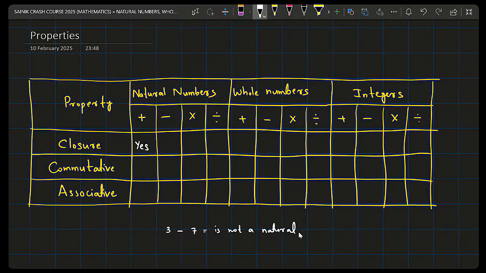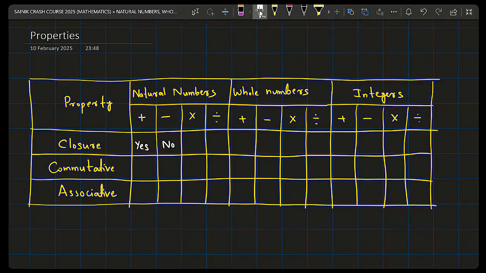Yeah, in integers, we know the answer, it is minus 4, but minus 4 is not a natural number. So no, natural numbers don't satisfy closure property under subtraction. If you want to say no, at least one counterexample you give, it is enough. So the example I gave you, 3 is a natural number, 7 is a natural number, but 3 minus 7 is minus 4, which is not a natural number.